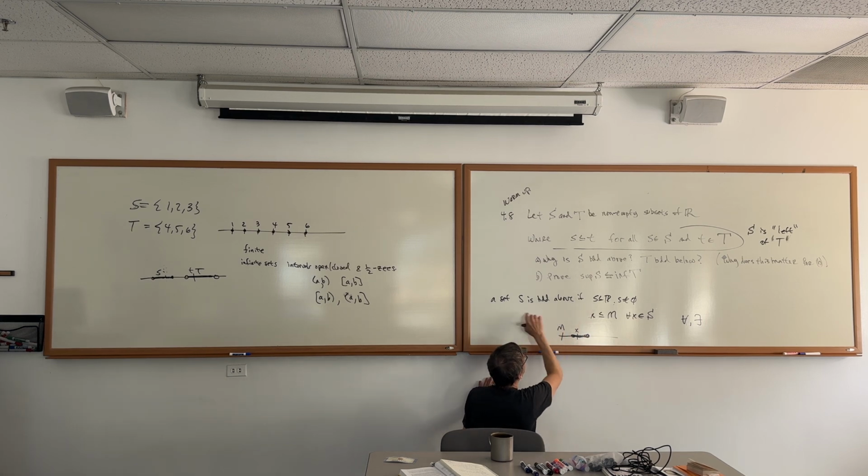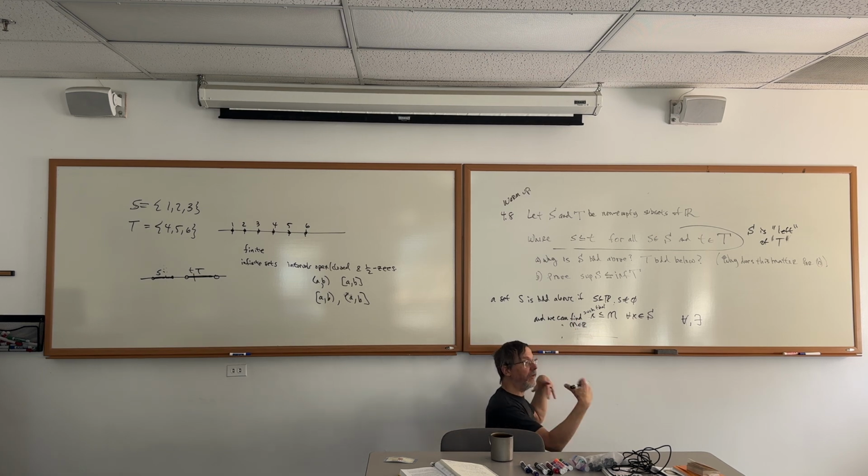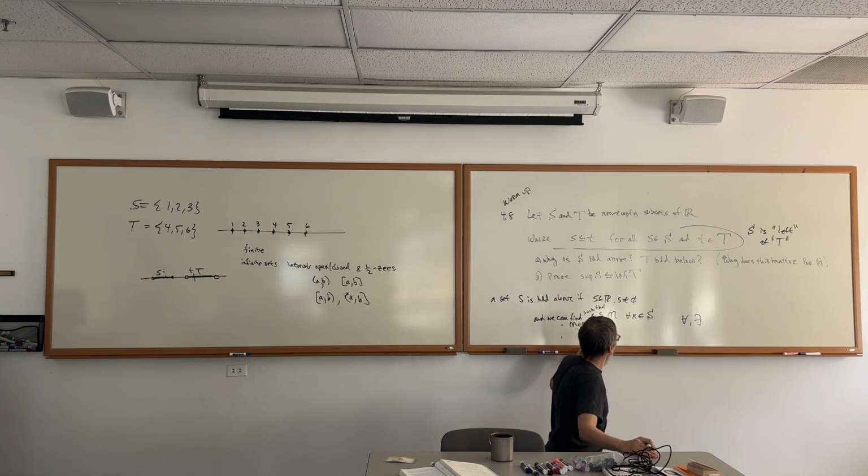So S is bounded above if we can find, in plain language, M, which is a real number, such that. That's all I was looking for. We're practicing getting these quantifiers into sentences and putting them in the right place.